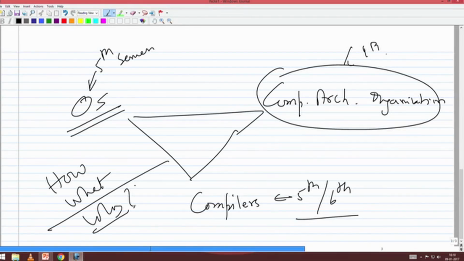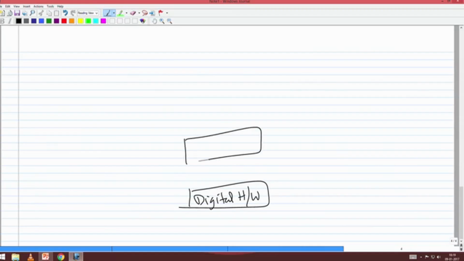Fine. So when we look at the organization of a system, there are 5 levels in the organization of the system. One is the basic digital hardware. On top of it is what you call the micro architecture.